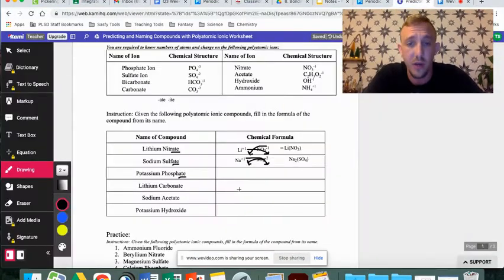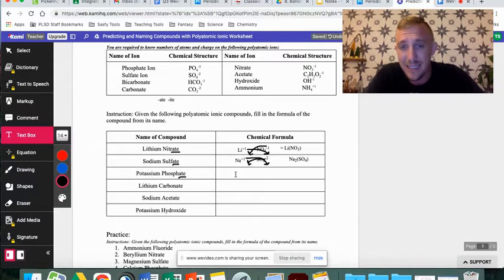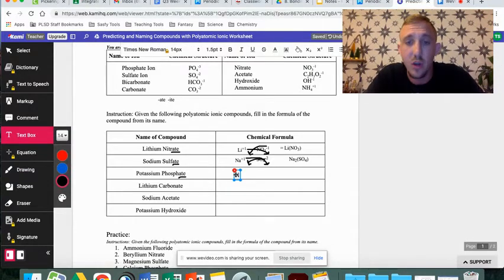So I'm going to go over here and type in potassium. It is also positive 1. And then I have phosphate, which is PO4 minus 3. So it's going to be PO4, and then it's a -3.